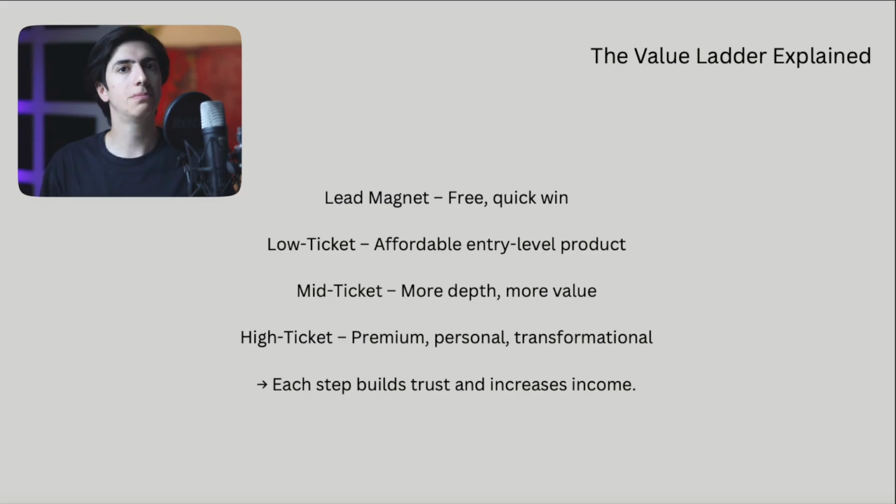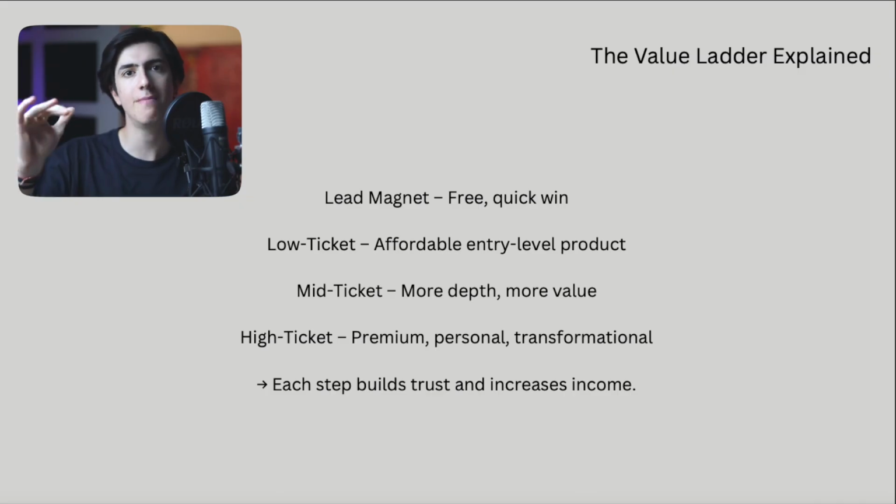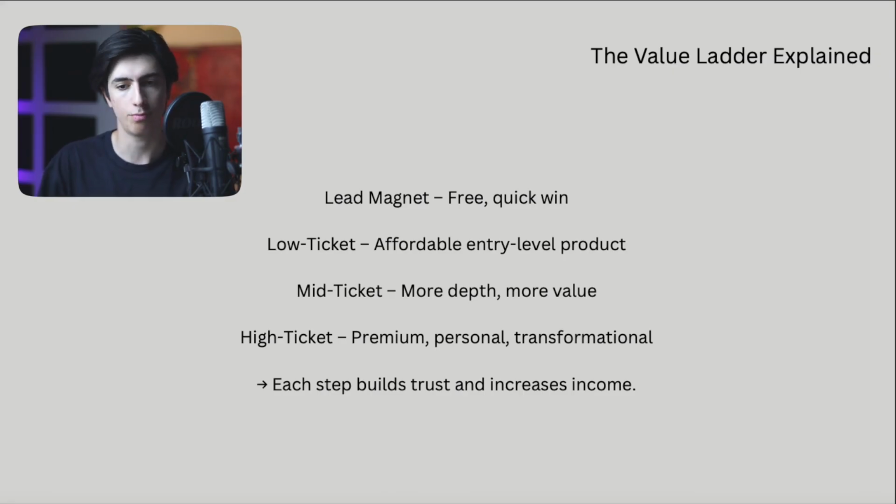Now, this concept that we described is called the so-called value ladder, right? The value ladder starts with a lead magnet, which is a free quick win that your audience and your target avatar will have immediately after finding out about you. Then the lead magnet smoothly transitions to your low ticket offer, which is an affordable entry-level digital product.